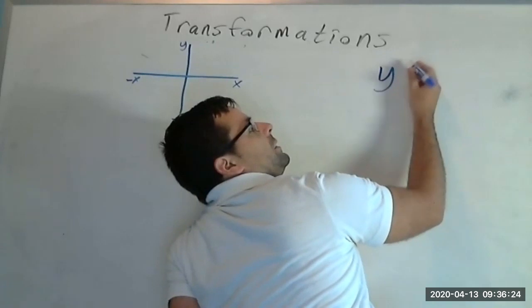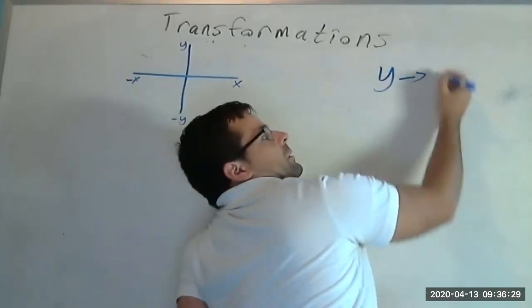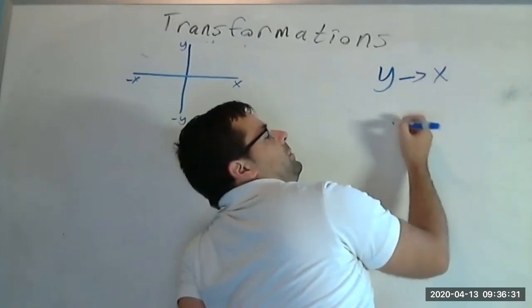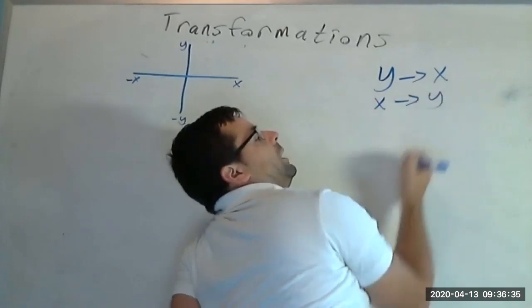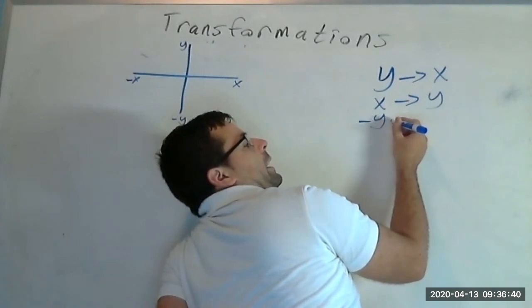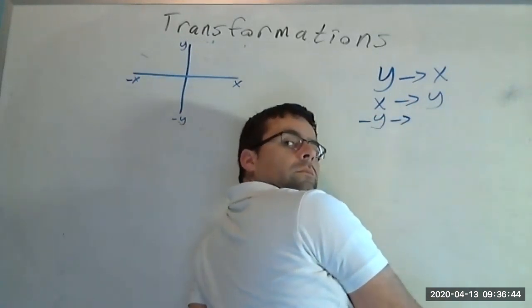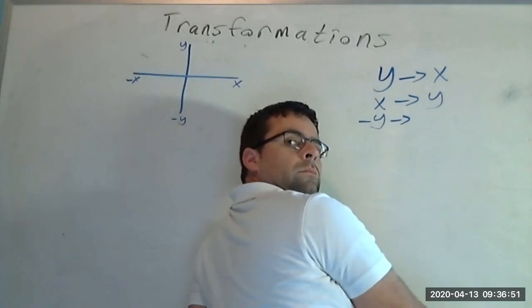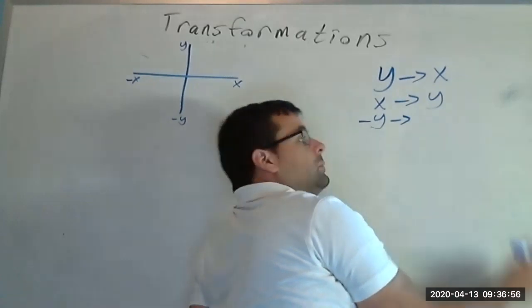So if we switch, then y becomes x, and x goes to y. What about negative y? So if you're switching them, negative x.